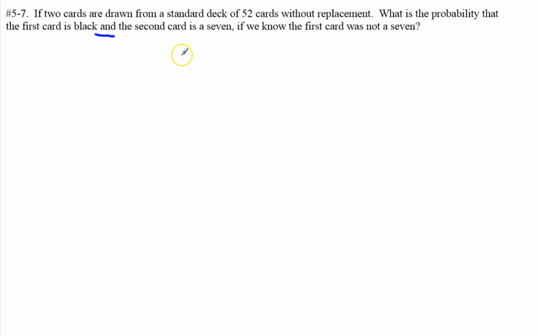We want the probability that the first card is black, and we have additional information that it was not a 7. So I'm going to put it this way: first card is black but not a 7, and the second card is a 7. That's what we're finding. The probability the first card is black but not a 7, and then the probability that the second card is 7.